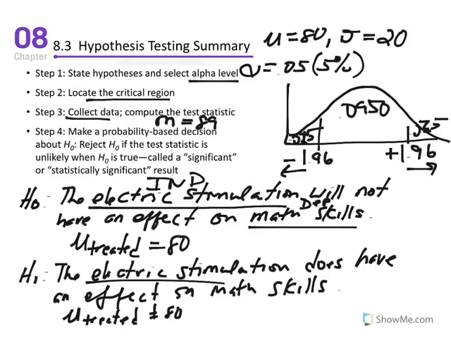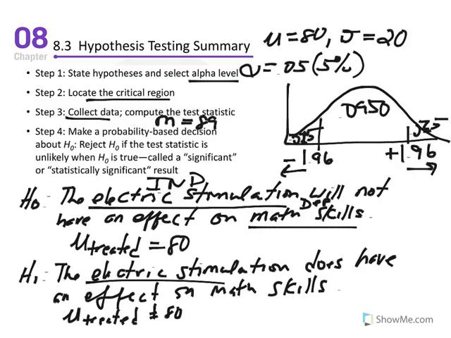I'm trying to stress it, and I fumbled there. It's the untreated population that we're looking at. So that sample mean of 89 is very unlikely to occur when we select 25 individuals at random. It's very unlikely that they're going to generate a sample mean equal to 89. And that's what we were seeing in that particular graph.